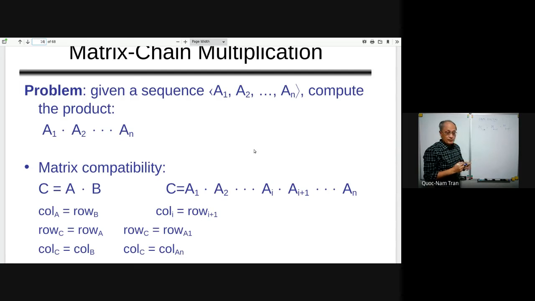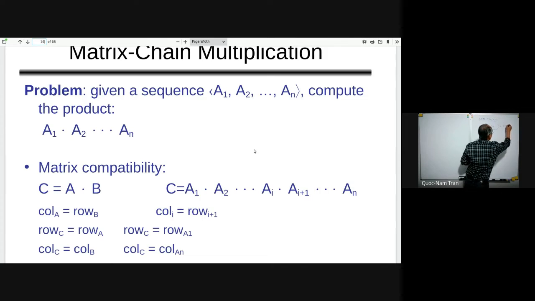If we want to multiply these three matrices, we can first multiply the first one and the second, right? And then after that, the result we multiply with the third matrix, M1, M2, M3.